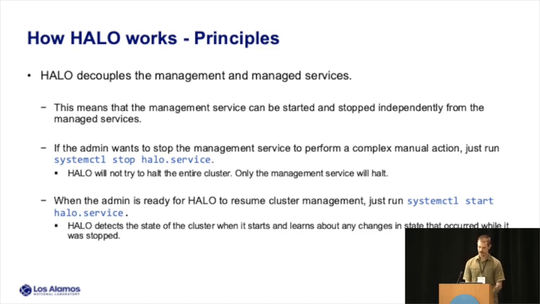Once you've done what you need to do and you're ready to start the automatic HA management again, it's just systemctl start Halo. It will figure out the changes to the cluster state that occurred while it was stopped.